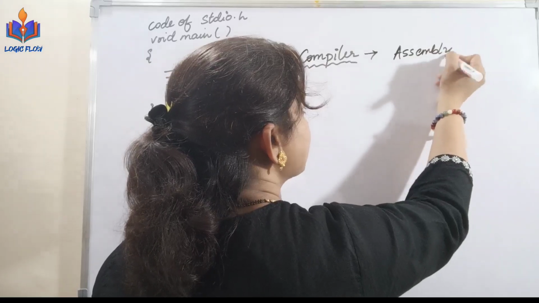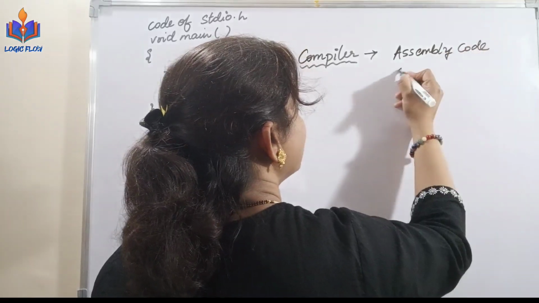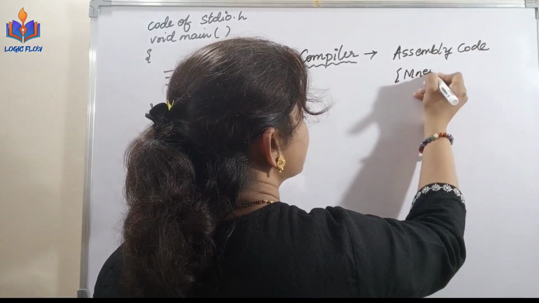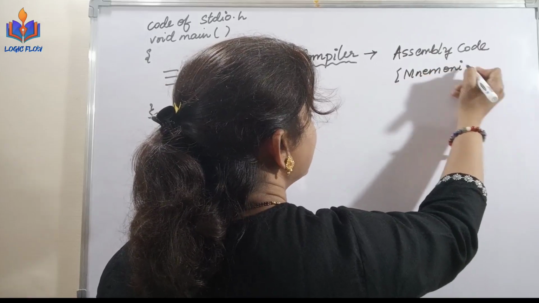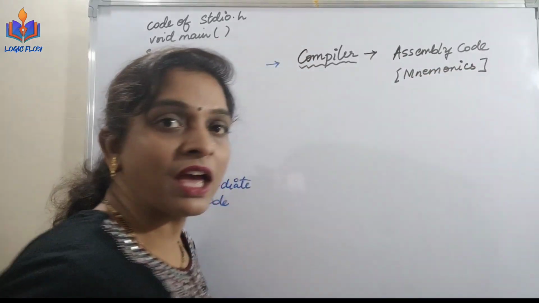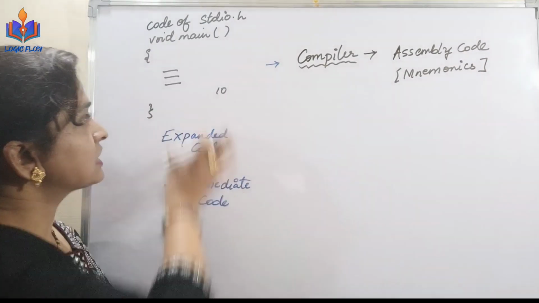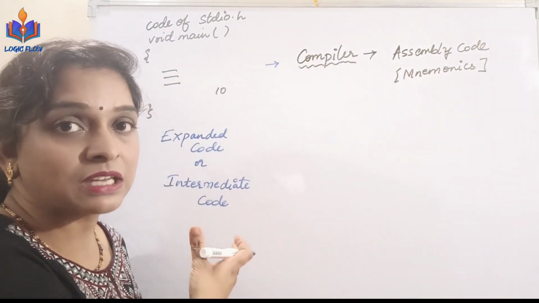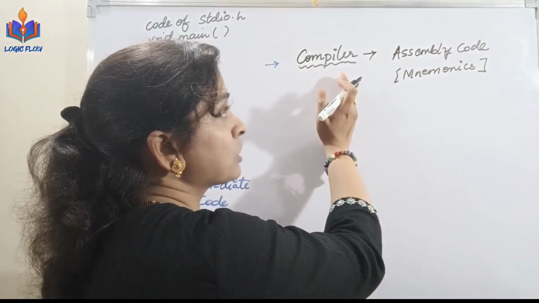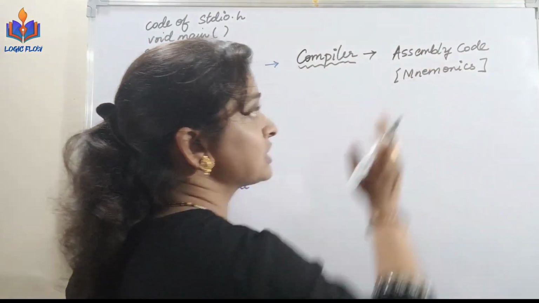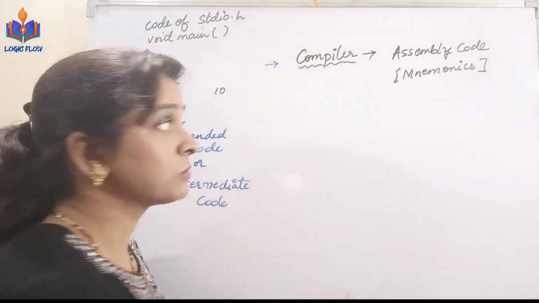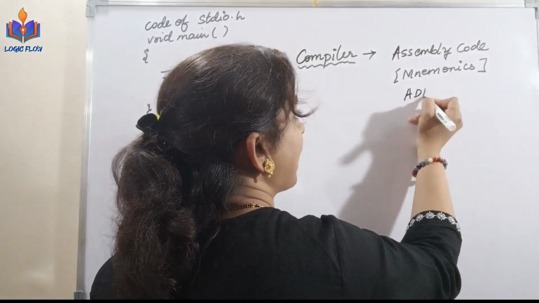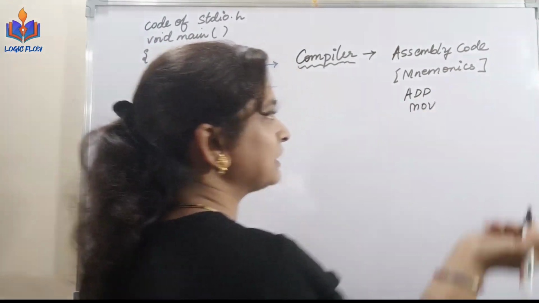So what is this assembly code? It will be in mnemonics. We have the source code in English-like statements, of course it may be in expanded code, and when we give this to the compiler, the compiler will convert it into assembly code, into mnemonics, something like add or move.